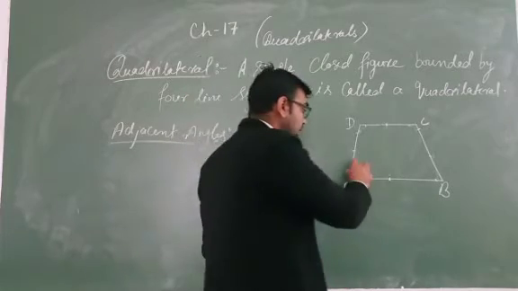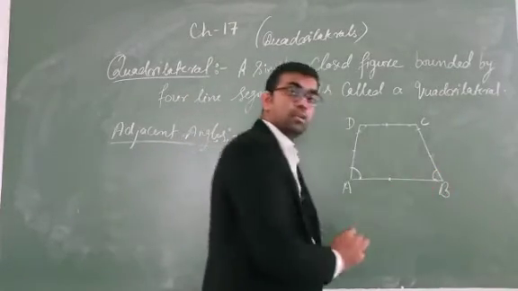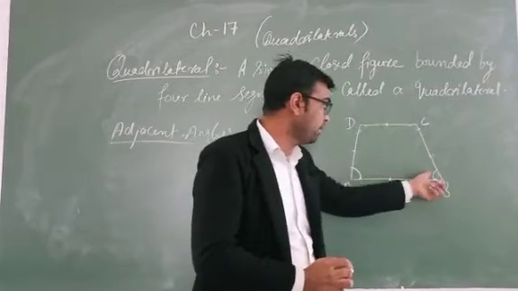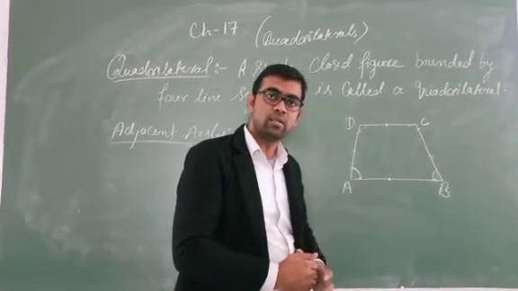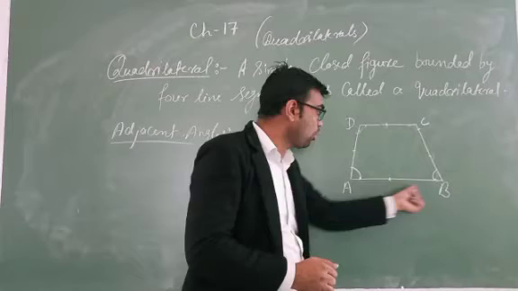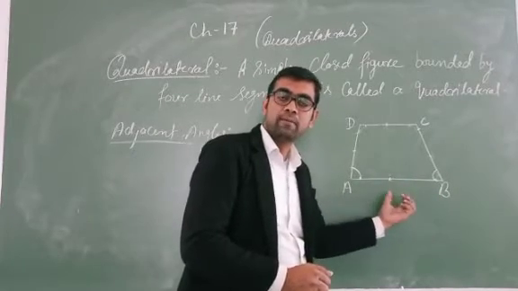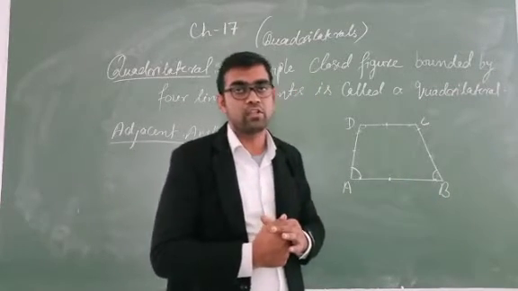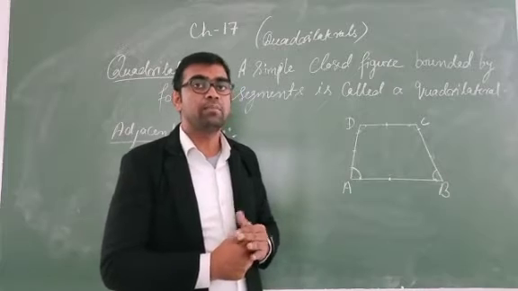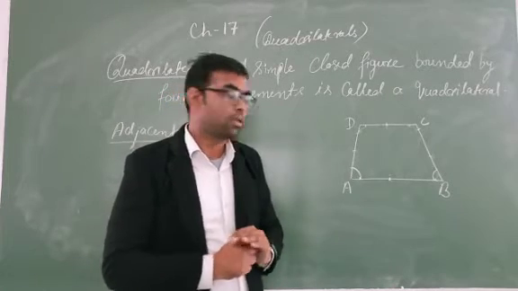So here, angle A and angle B are adjacent angles. Why? Because they have a common side. I hope it is clear.